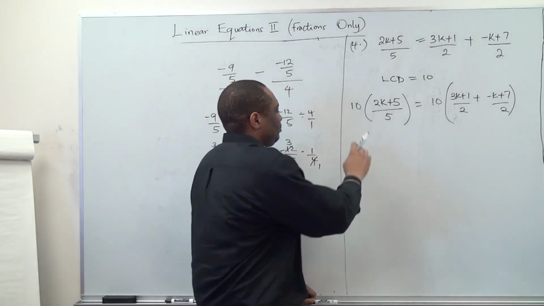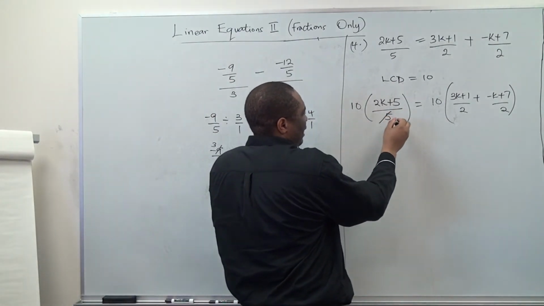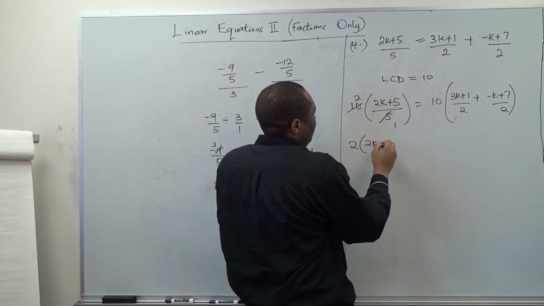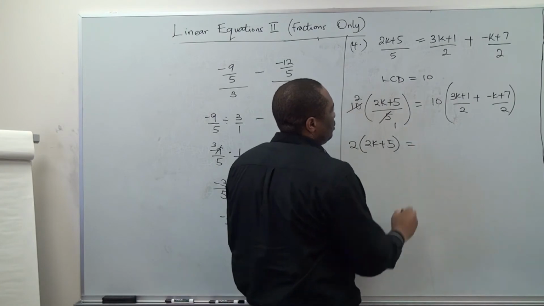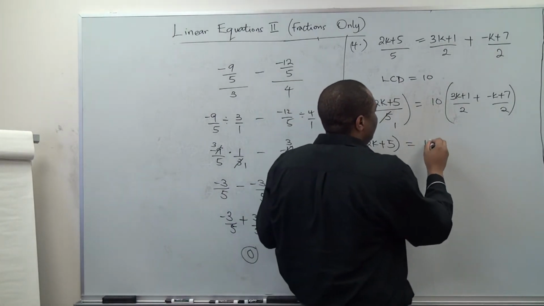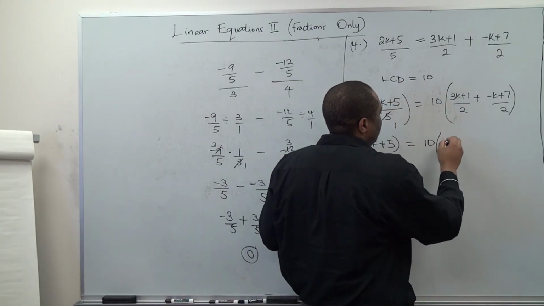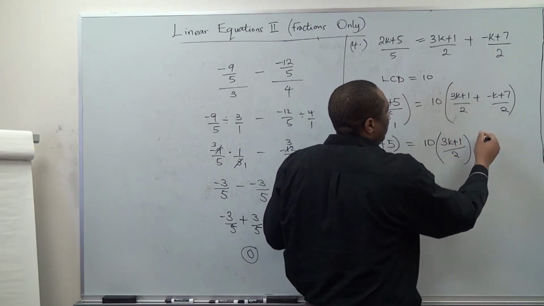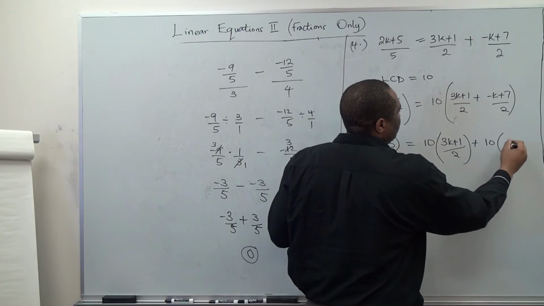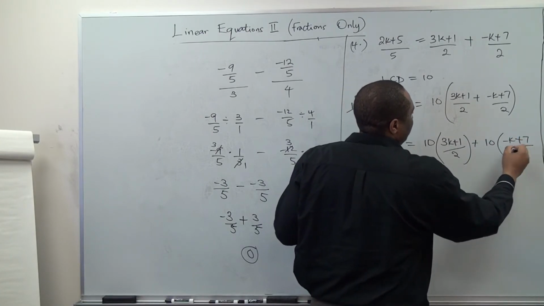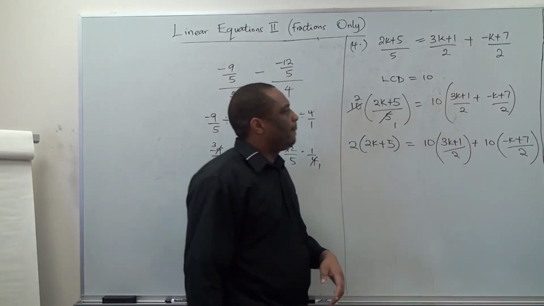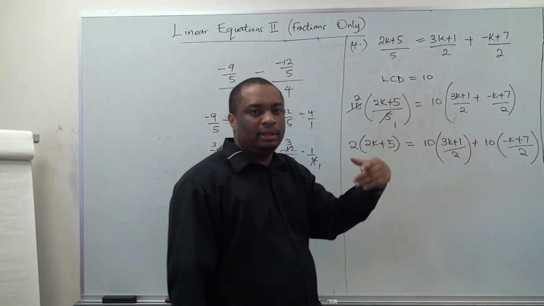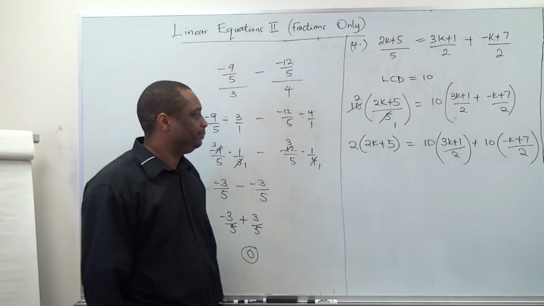Okay, let's begin. 5 will divide 5, 1. 5 divide 10 is 2. So this is 2 into (2k + 5) equal to, distribute this, 10 into (3k + 1)/2, now plus 10 into (-k + 7)/2. Now we bring down the sign just as we did in distributive property.